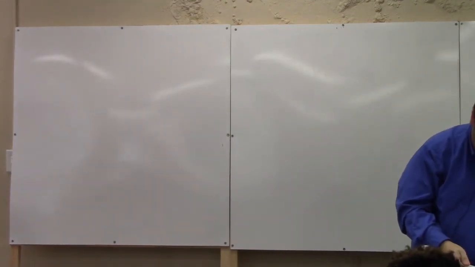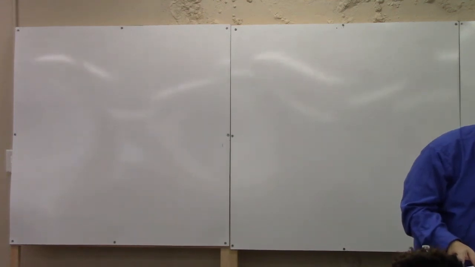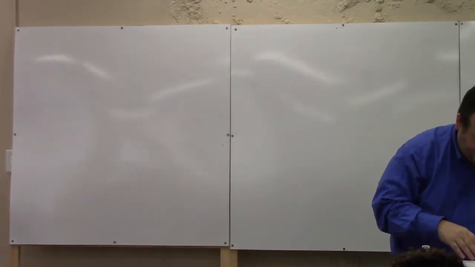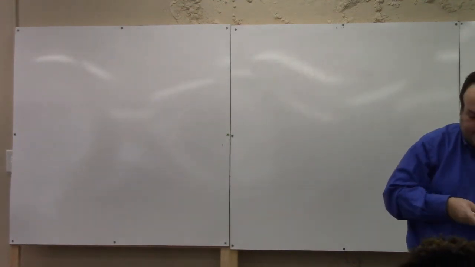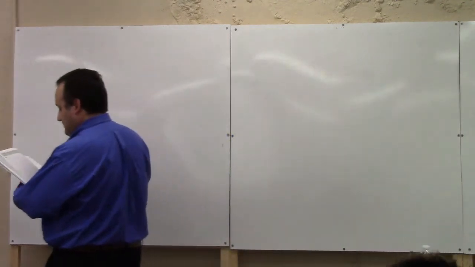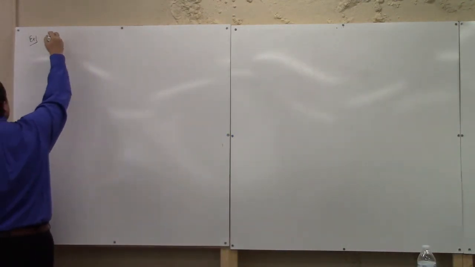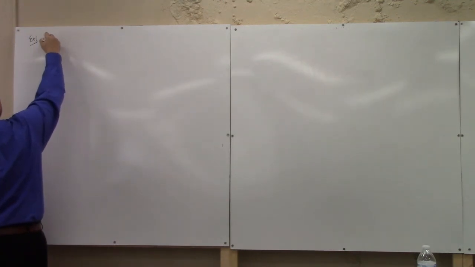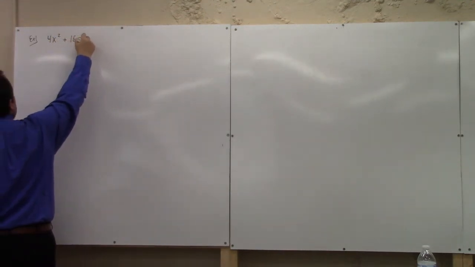All right, let me find us some factoring questions. All right, so 4x squared plus 16x plus 20.